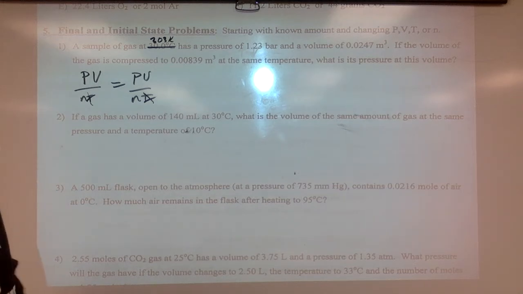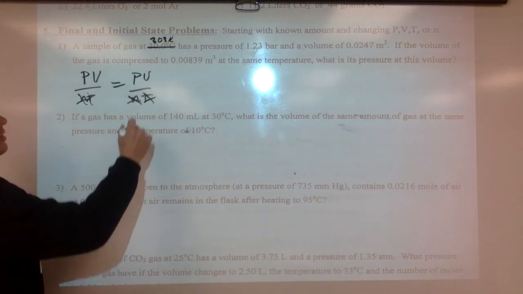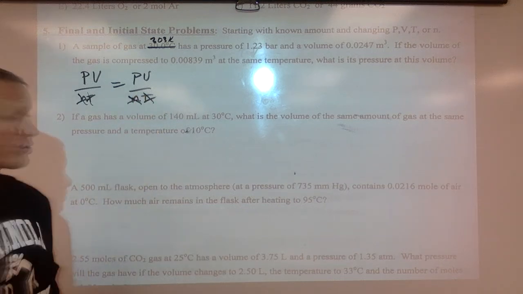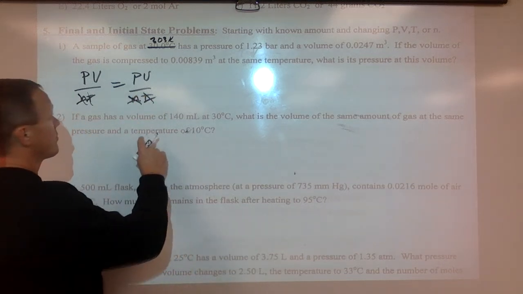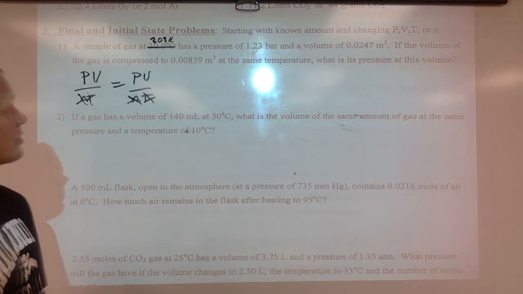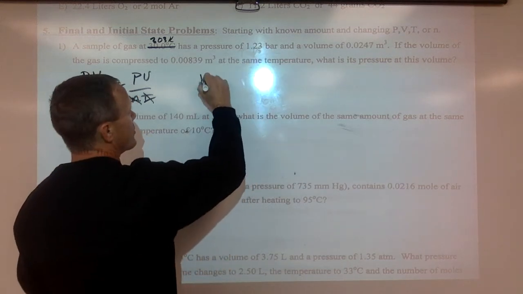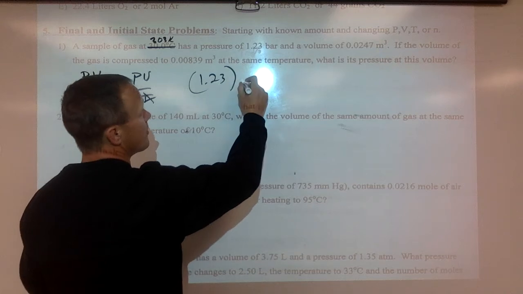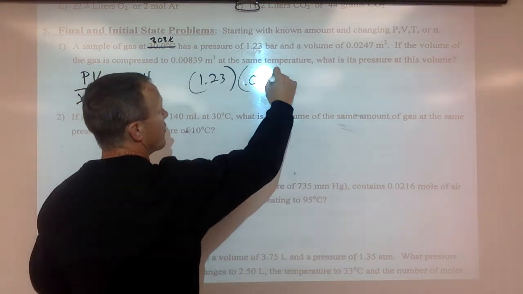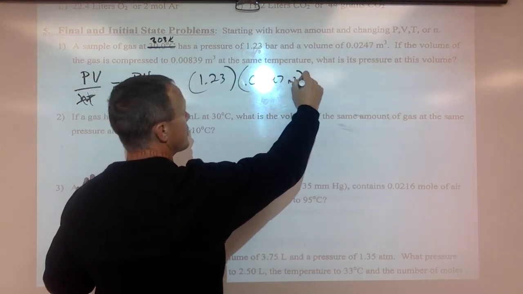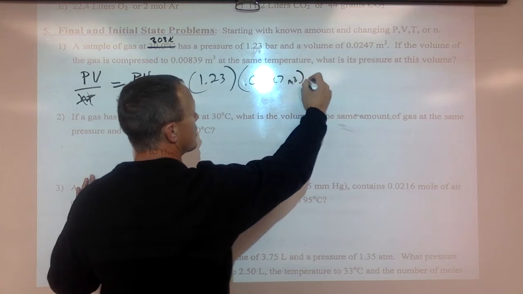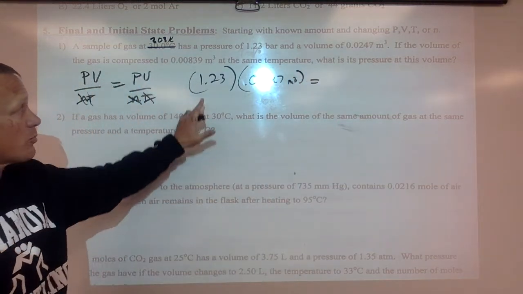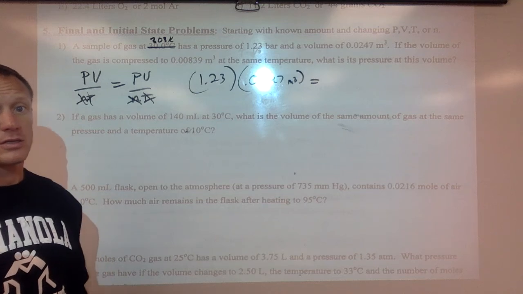It's not giving us moles, so we can ignore moles. So we can just say P times V equals P times V, which is an inverse proportion. So 1.23 bars, that pressure, times 0.0247 meters cubed. So at this pressure, the gas takes up that much space.